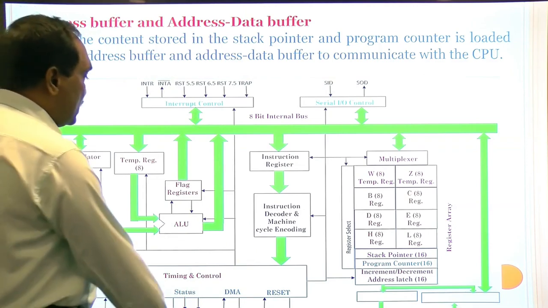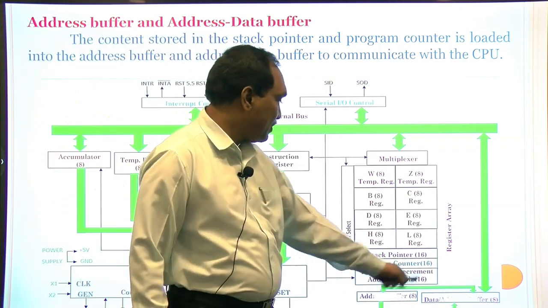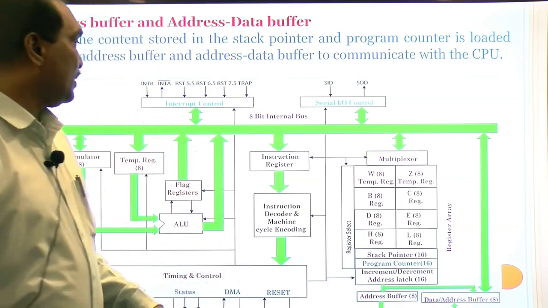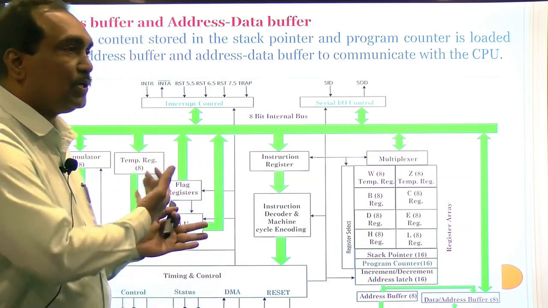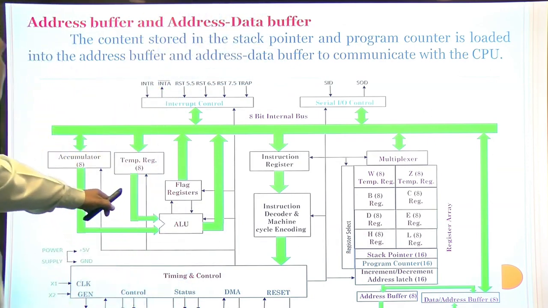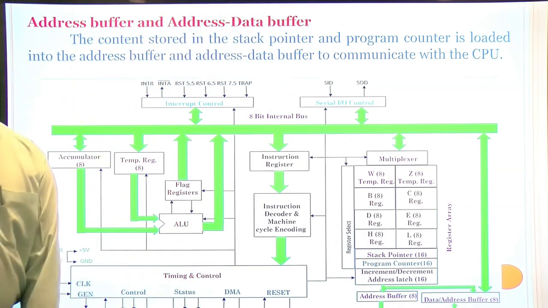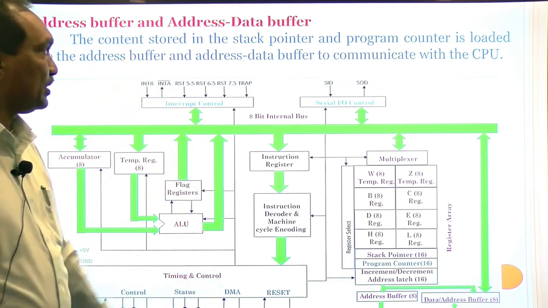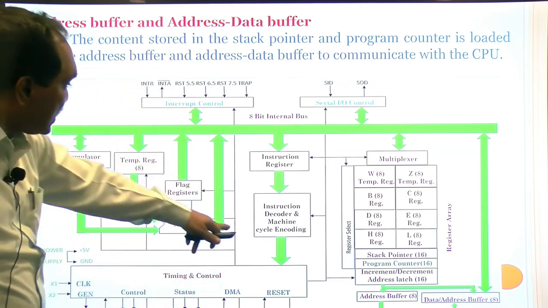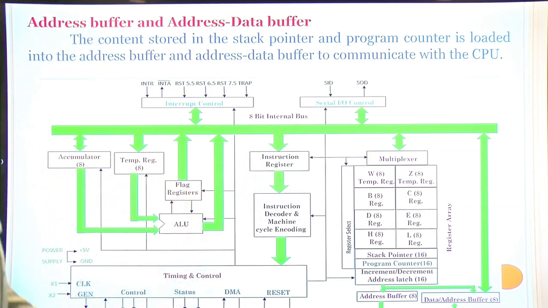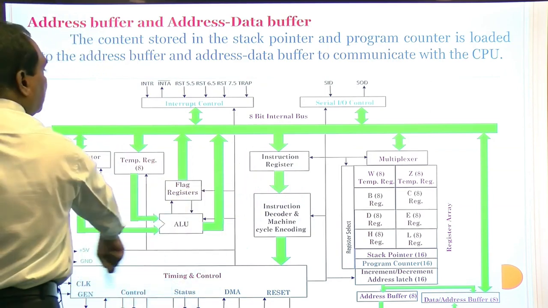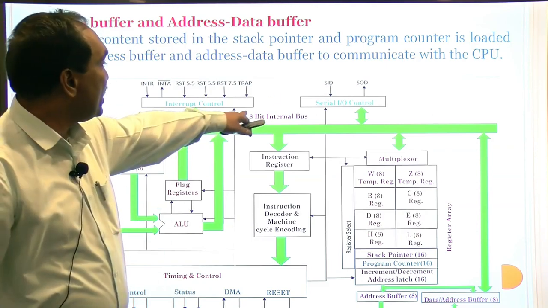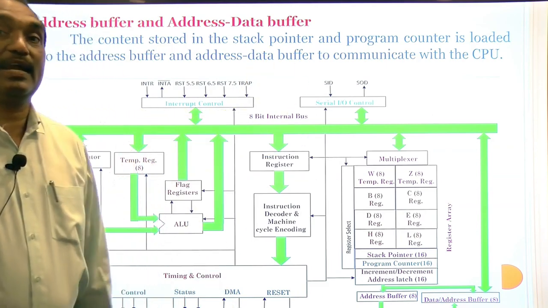The next one is the address buffer and data buffer. That is the mediator between the registers or program counter and the arithmetic and logic unit or accumulator. The content stored in the stack pointer and program counter is loaded into the address buffer or data buffer to communicate with the CPU, using the 8-bit internal bus, that may be the address bus or data bus.